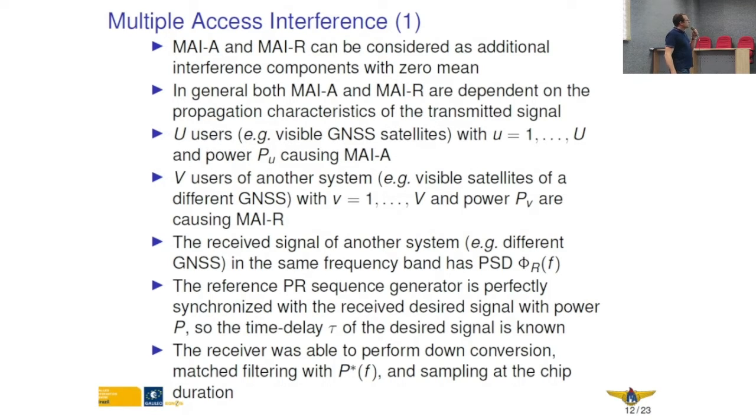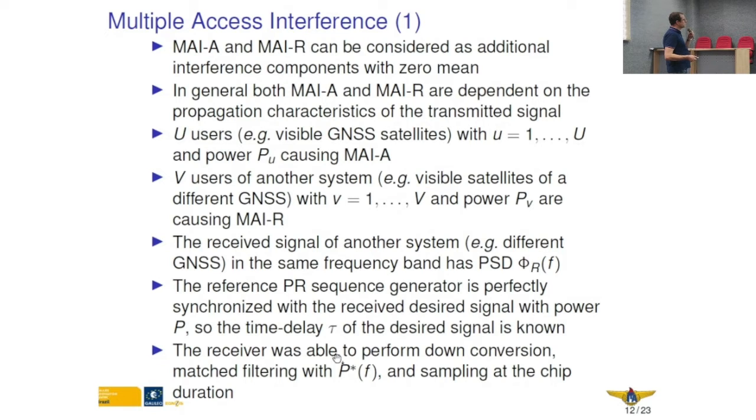The reference pseudo-random sequence generator is, in our assumption here, perfectly synchronized. So we have estimated the time delay perfectly, and then we can look at the output of correlation, how the interference is affecting our signal, and the time delay of the desired signal is known.